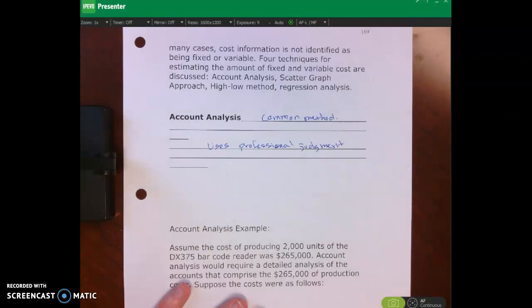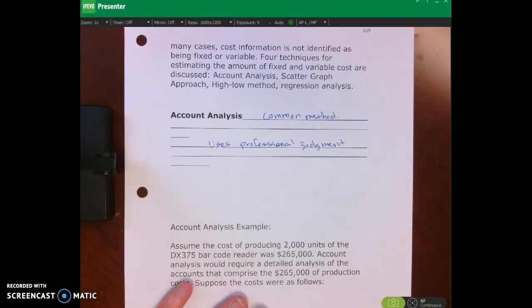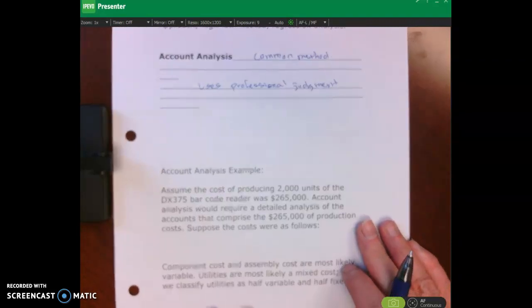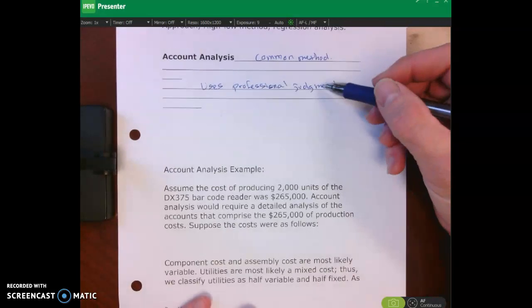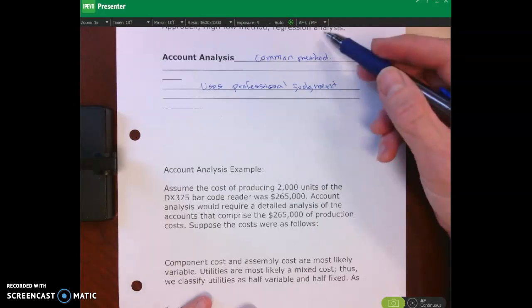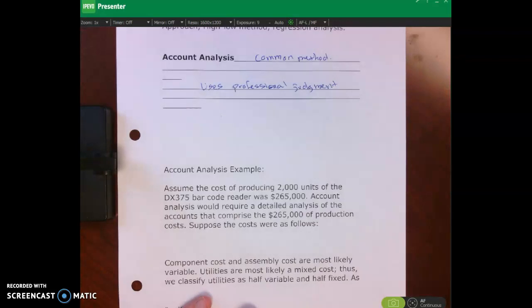With account analysis, it's kind of more of an easier approach. It uses professional judgment, and it helps us to separate out our mixed costs into variable and fixed components, and then perform some different estimation of what our total costs would be at different levels of production and different levels of sales.